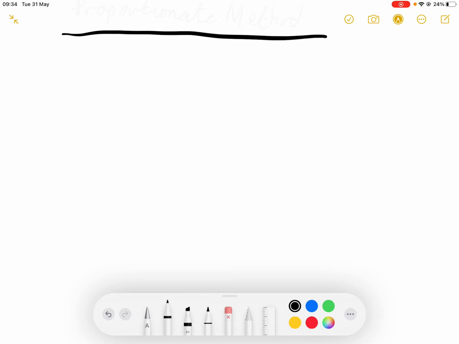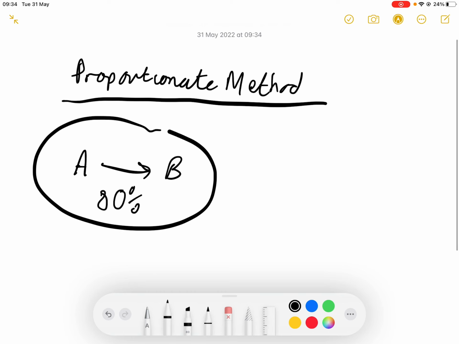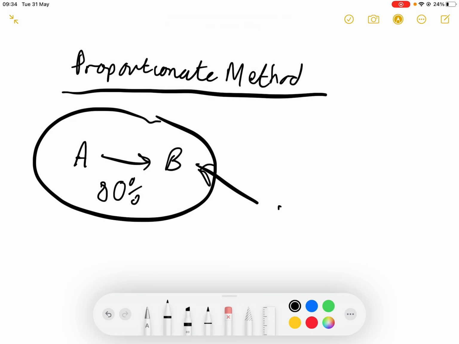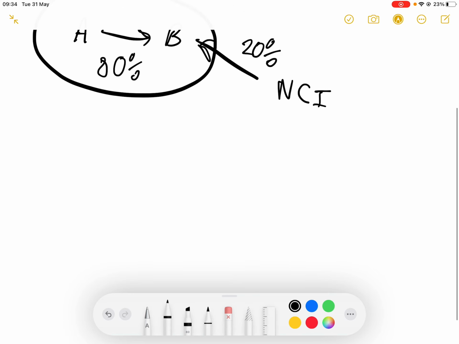So imagine you have A to B is 80% ownership, and that's the group. So 20% is coming from NCI. Okay, so we start off with that.